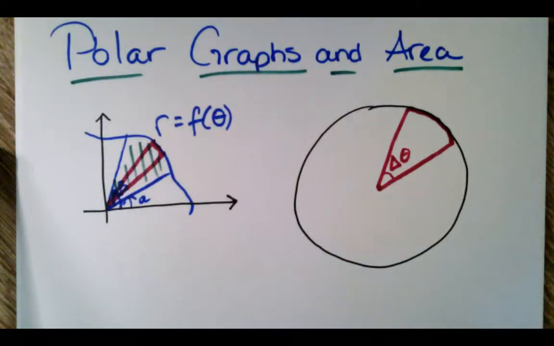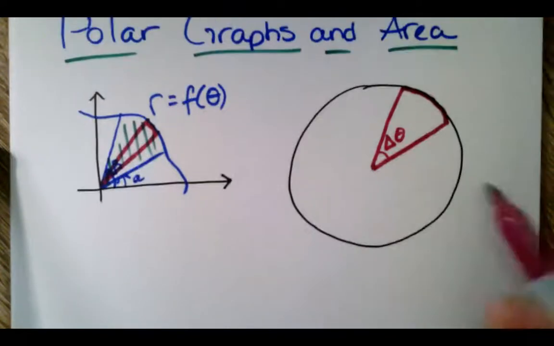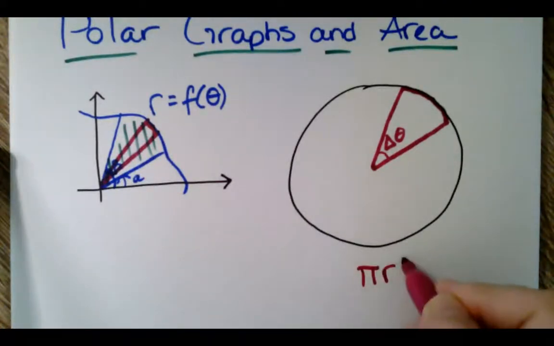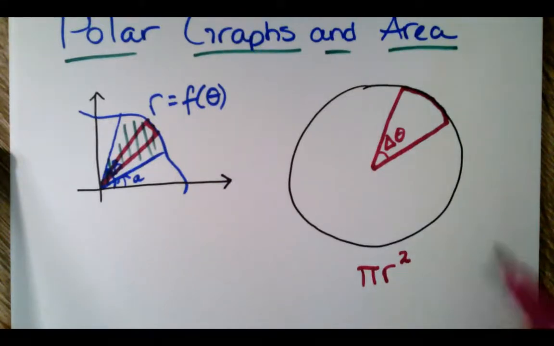If you remember, we're going to think about the sector just as a fraction of the circle. The area of the entire circle, of course, is pi r squared, but we just want a fraction of that.